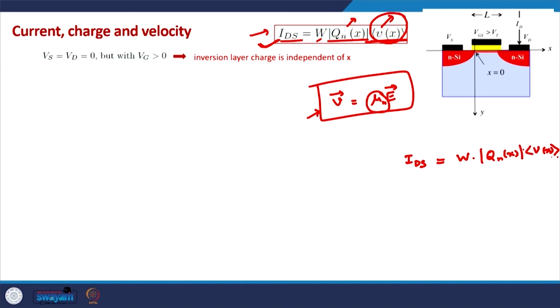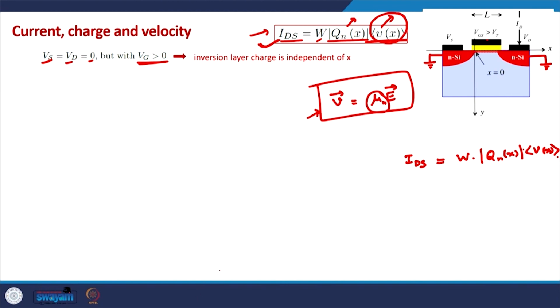Let us take the case where the source terminal is grounded and the drain terminal is also grounded, which means VS and VD are equal to 0 and VG is greater than 0. So we have started applying a voltage on the gate terminal, which will create a layer of negative charges just below the oxide that will act as the channel in the MOSFET.